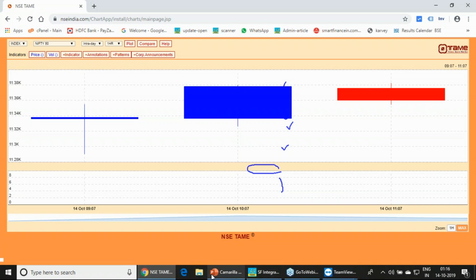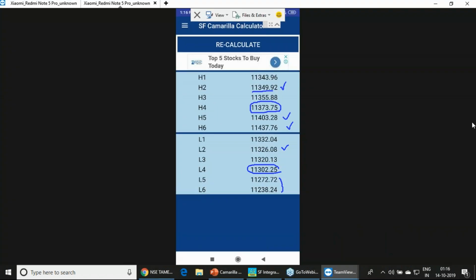So I am just going to my calculations again to revalidate how far these calculations come true. If you can see, we have ended the first candle at 11,338. So this is the data we have utilized for the calculation.